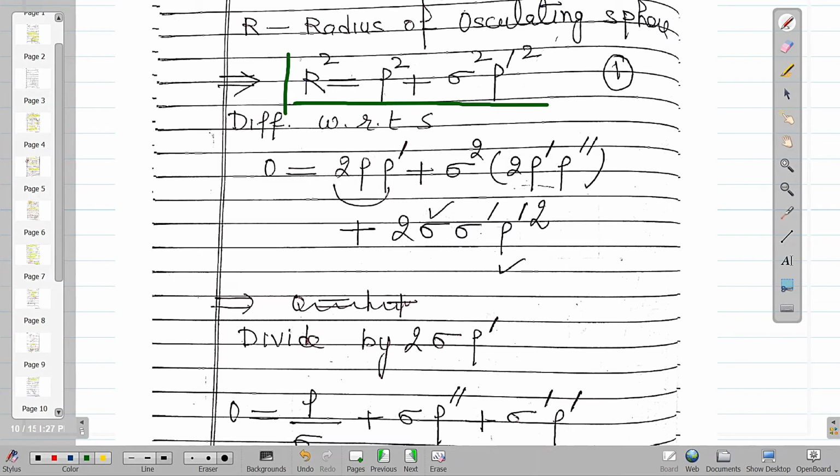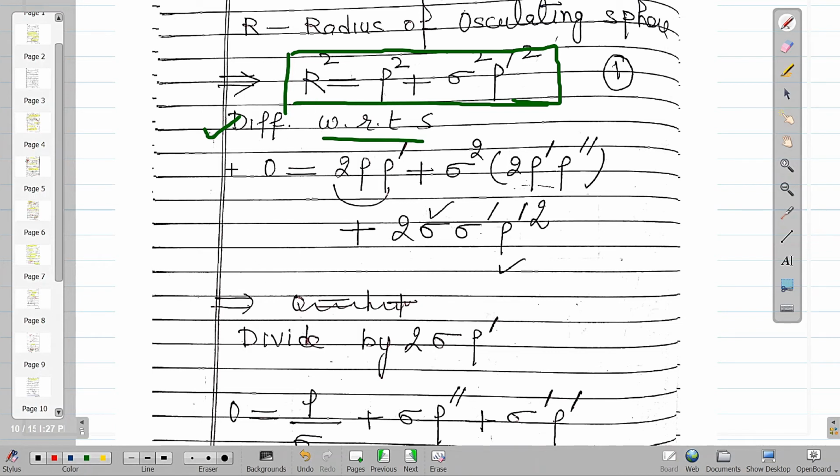So remember this result. I already said that these results are very important. So remember that result. Now differentiate this equation with respect to s.